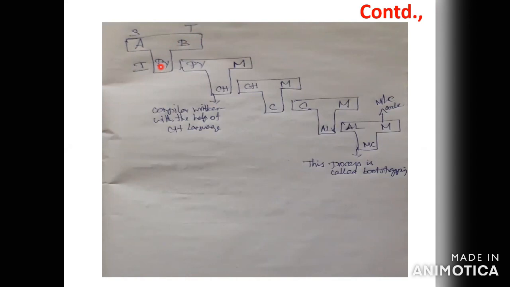So the source language is A, I get the output P, and the implementation language means I design the compiler in Python. But the CPU does not understand the Python language. So what will we do? Based on what the machine understands, I create one compiler.